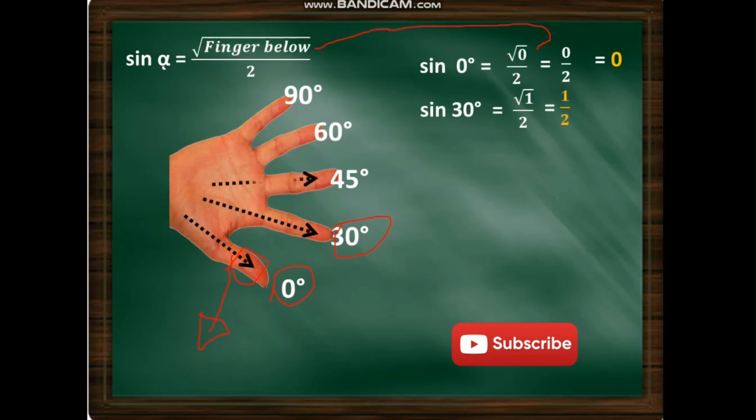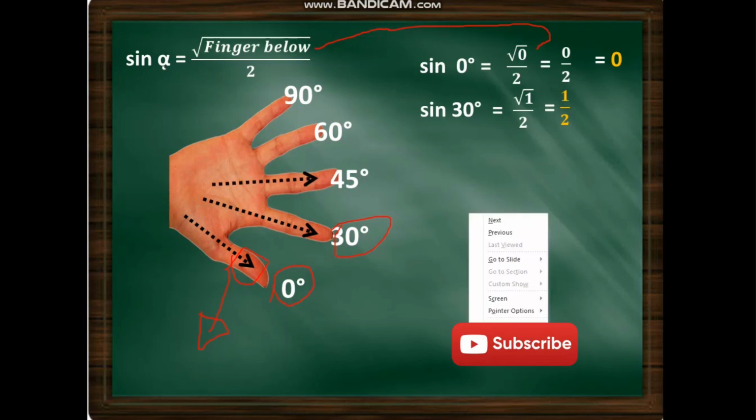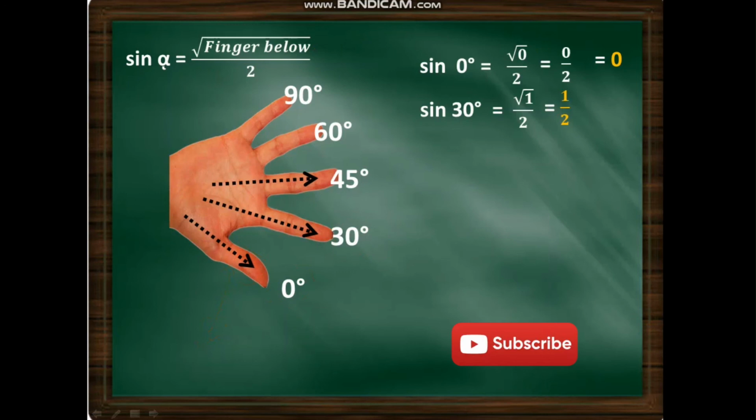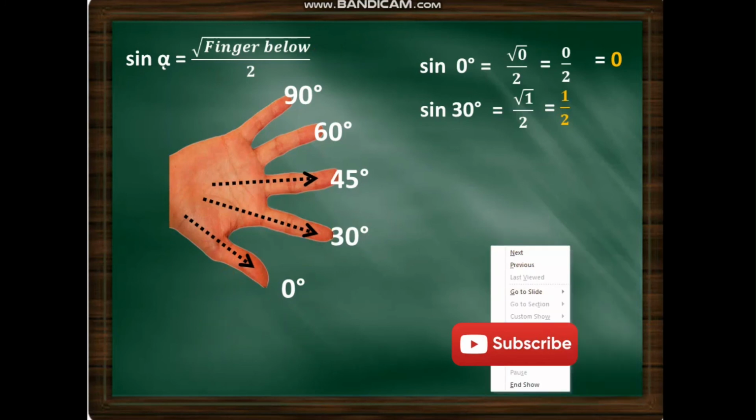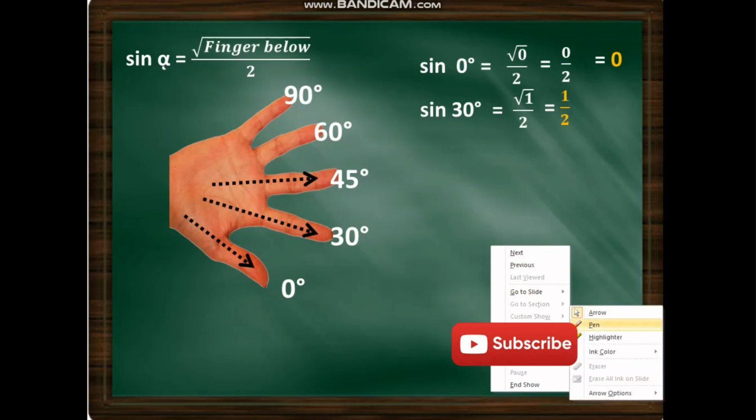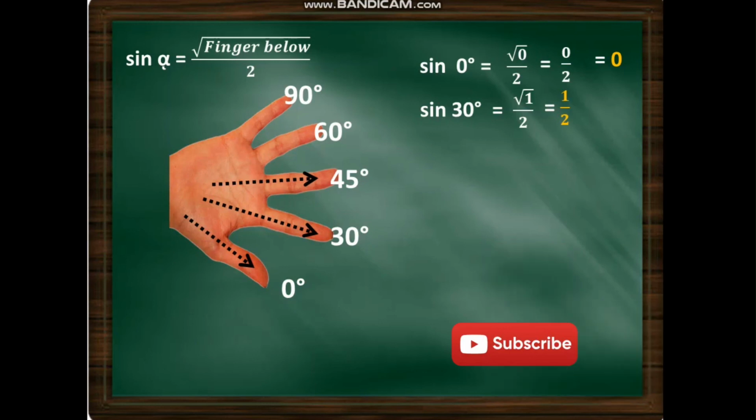Now, for the next problem, how about if we're going to try to find for the sine 45 degrees. In order for us to find for 45 degrees, we just simply locate the fingers below 45. Tandaan, fingers below 45. So, ilan po ba yung fingers na nasa baba ng 45 degrees? We have only 1 and number 2.